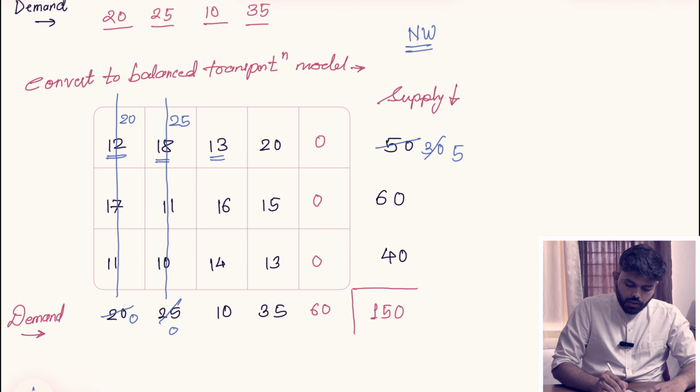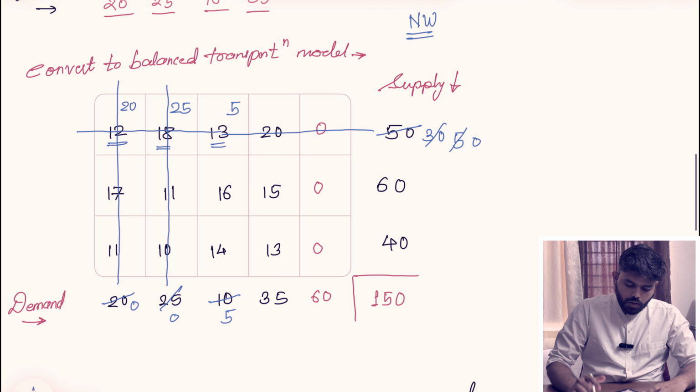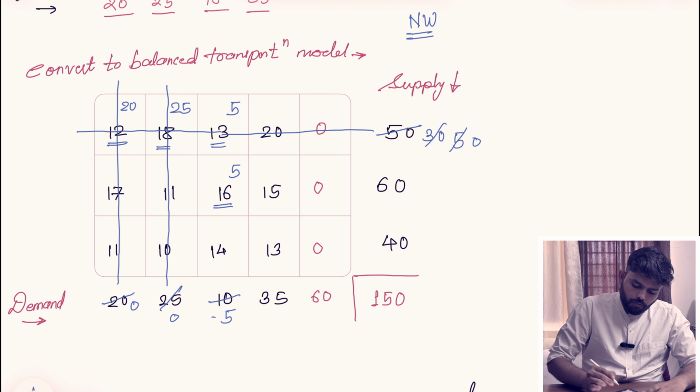Next 13 is the northwest corner. We can allocate 5 or 10, so we will allocate 5. So this 5 becomes 0 and this 10 becomes 5. Now we will be scratching the row. Again 16 is the northwest corner, so now we can allocate here 5. So this 5 becomes 0 and this 60 becomes 55.